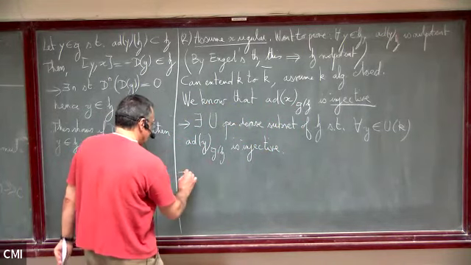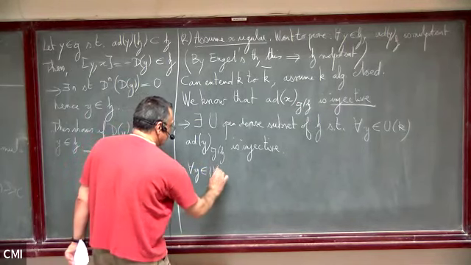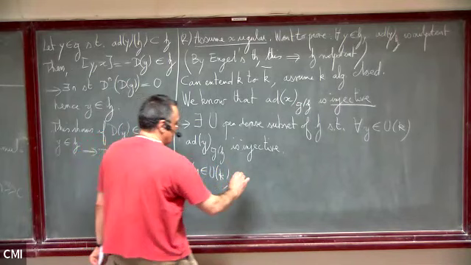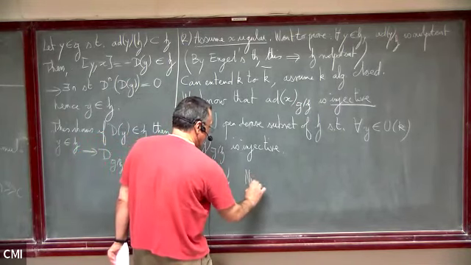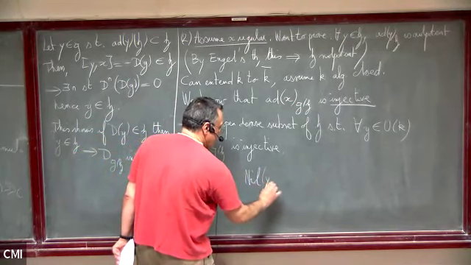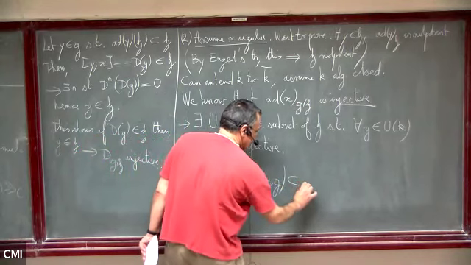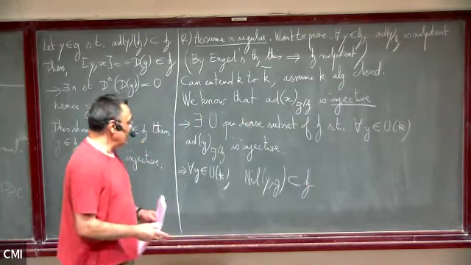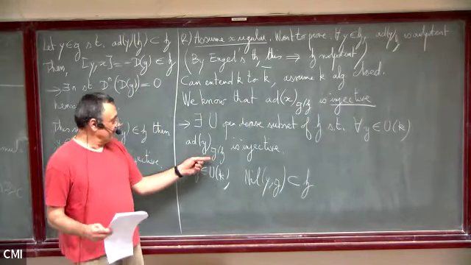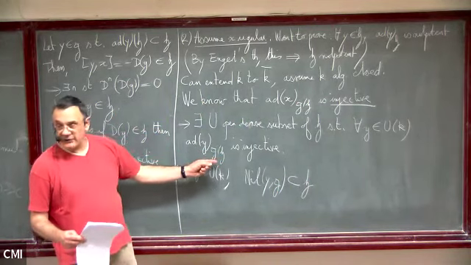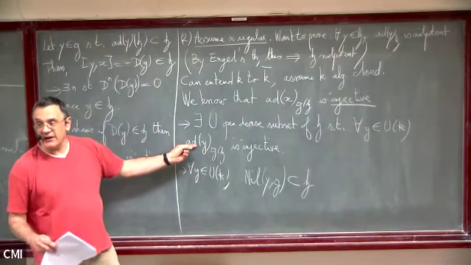And so this says that for any such point, the nil space of y in G is contained in H, because on the quotient vector space G over H, 0 is not an eigenvalue.